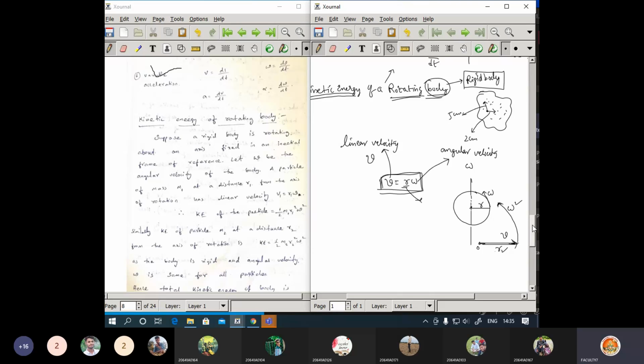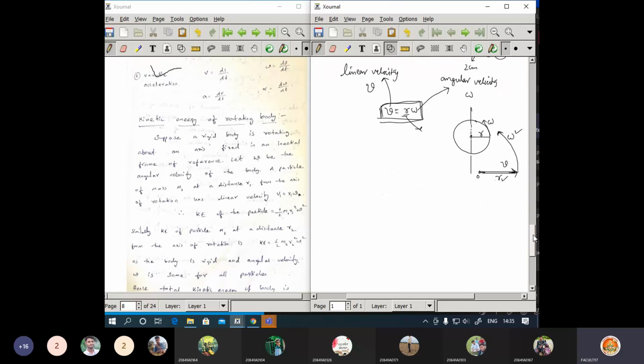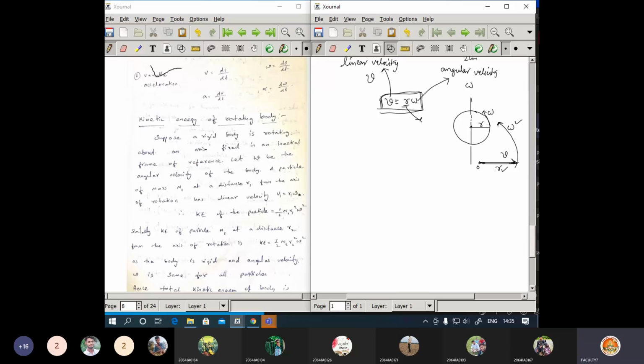Now, initially, we know the kinetic energy of a particle. Regarding the particle, the kinetic energy can be given as, can you give the expression here? What is the expression for kinetic energy, according to your intermediate standard?